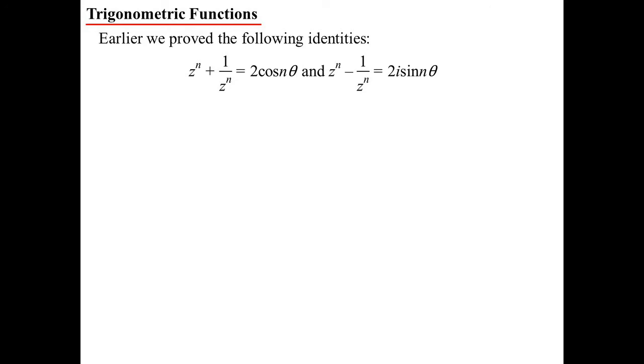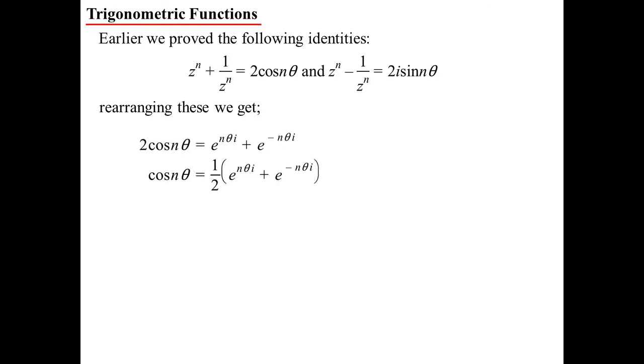Trig functions then. Remember these identities we saw before: z to the power of n plus 1 on z to the power of n is always going to be 2 cos nθ. And when we subtract, z^n minus 1 on z^n is always 2i sin nθ. If I turn the z^n and the 1 on z^n into Euler's formula, we get e to the inθ plus e to the minus inθ.